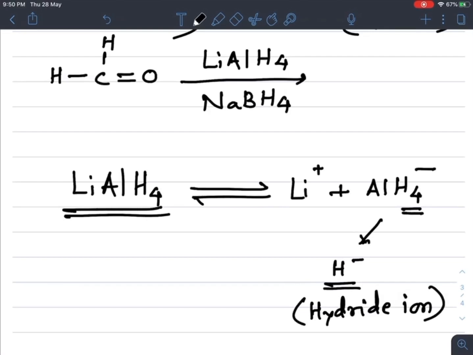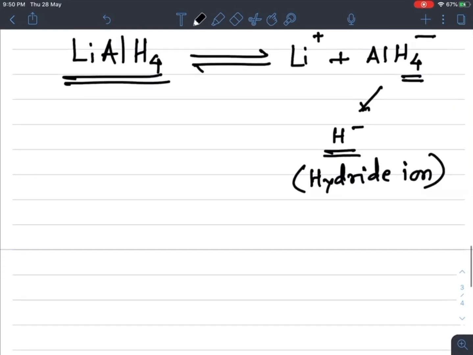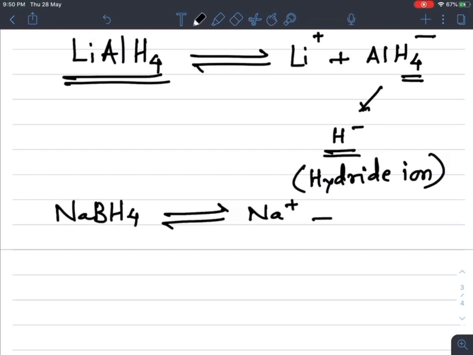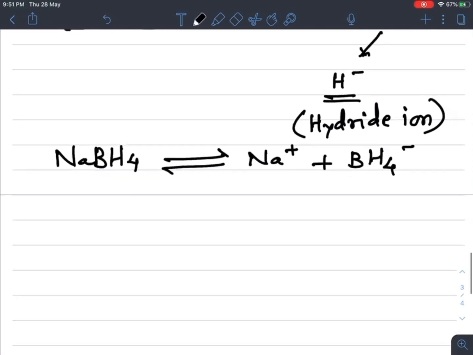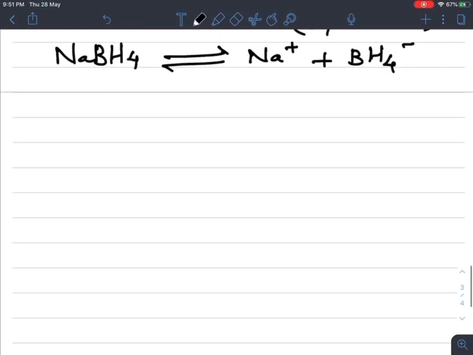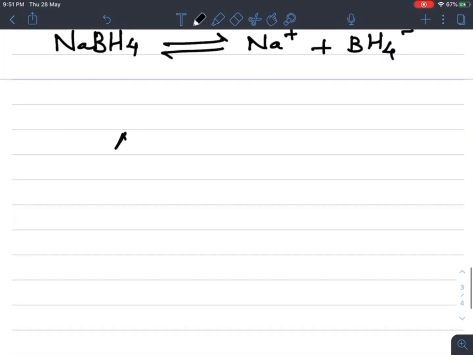So LiAlH4, after using it, supplies hydride ion this way. Or if we use sodium borohydride NaBH4, in the same way it also produces Na plus and BH4 minus. So you know the valency of Al or boron.